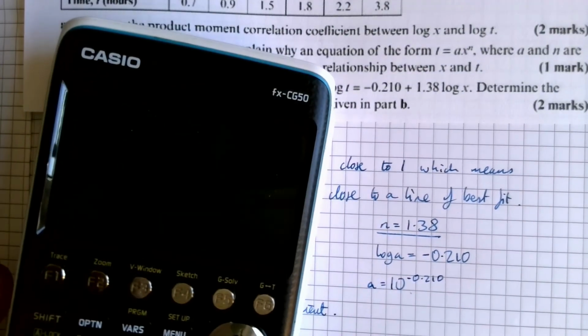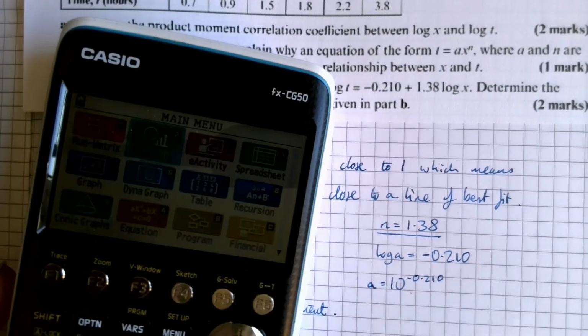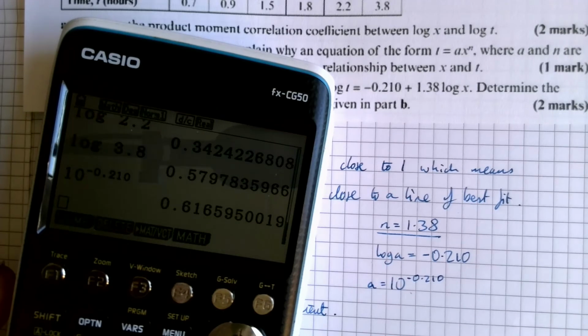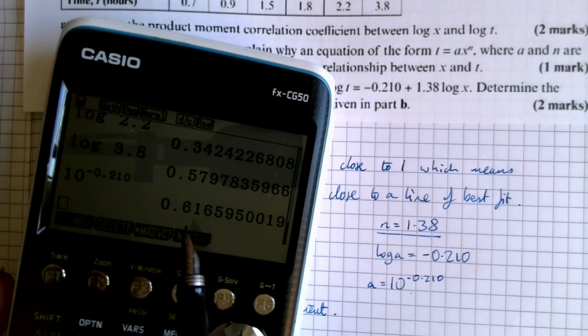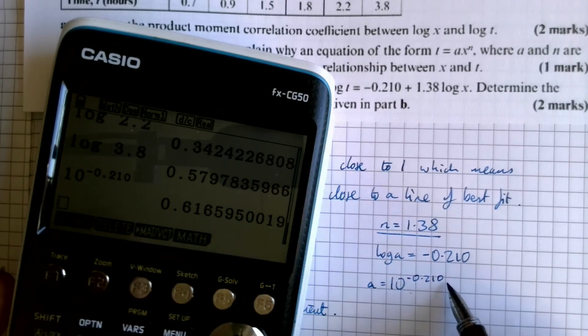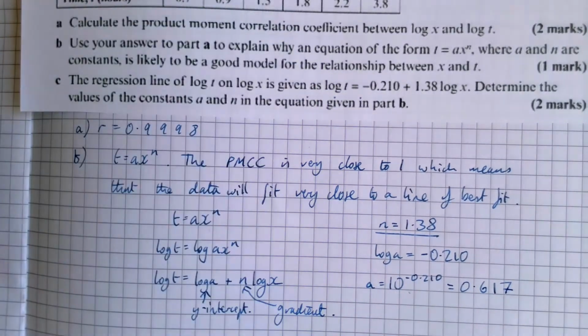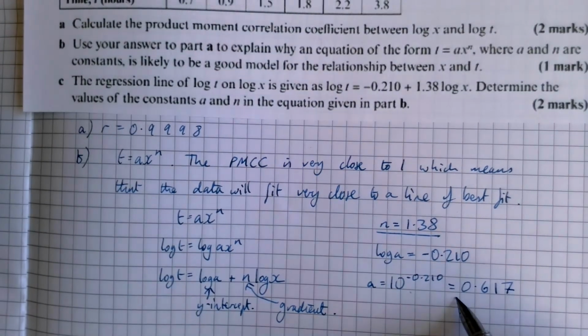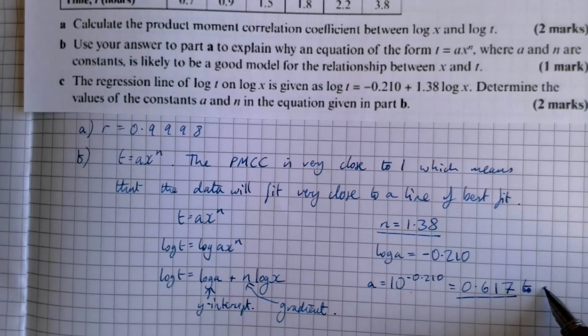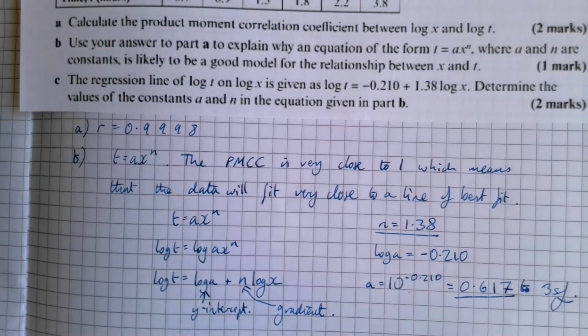Get the calculator out, menu 1, and I've already done it. 0.6165, so to 3 significant figures would be 0.617. And that is all of that.